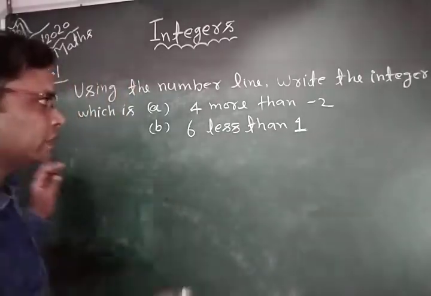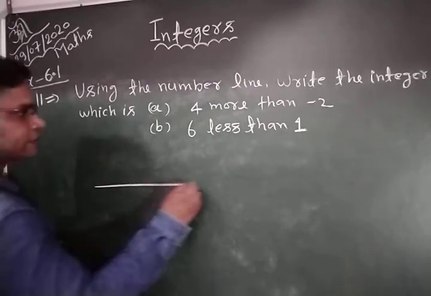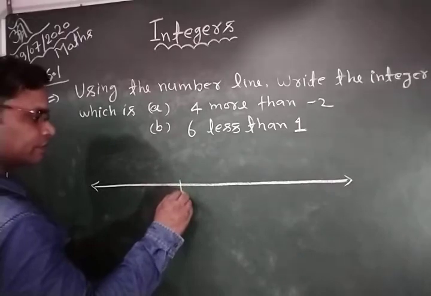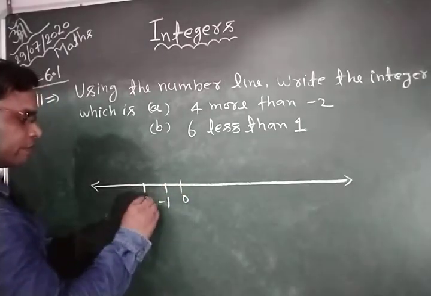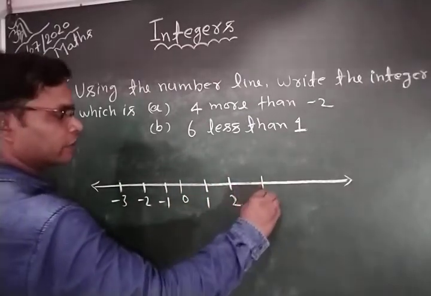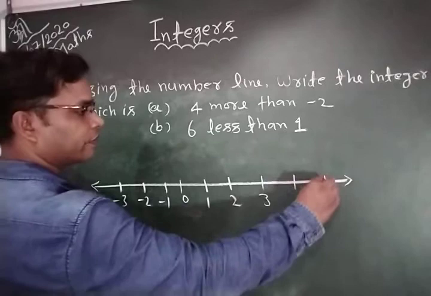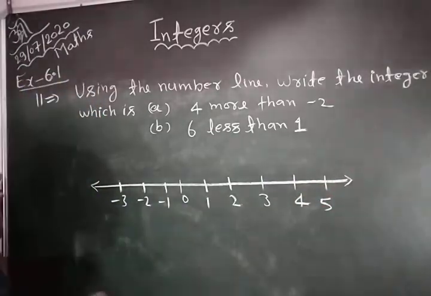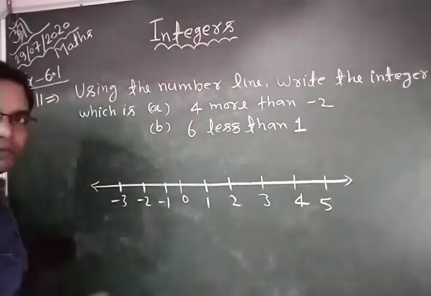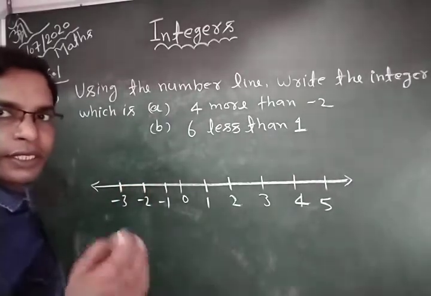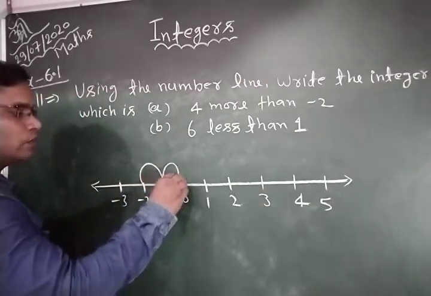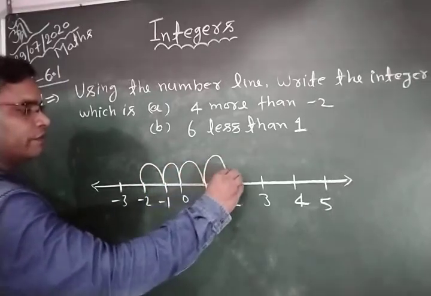So let's see. First draw the number line like this. This is 0, -1, -2, -3, 1, 2, 3, 4 and 5. So, 4 more than -2: here we start from -2 and move 4 units right. Where do we reach? You can see here 1, 2, 3 and 4.